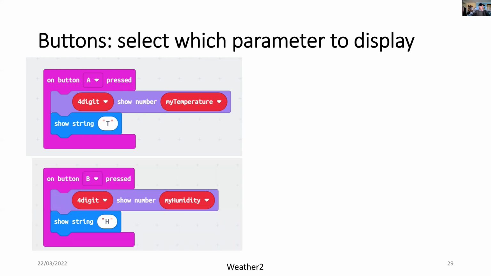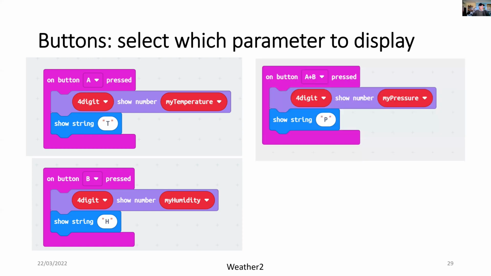And with button B, we do something similar, but we use humidity this time. And for pressure, we select the pressure measurement with the combination of pressing buttons A and B together.